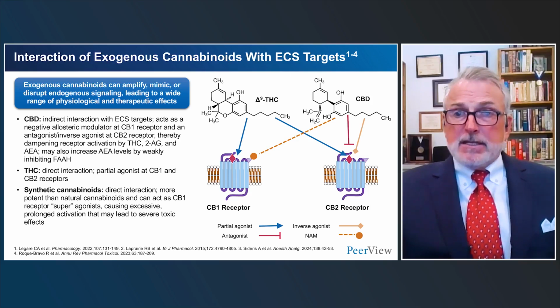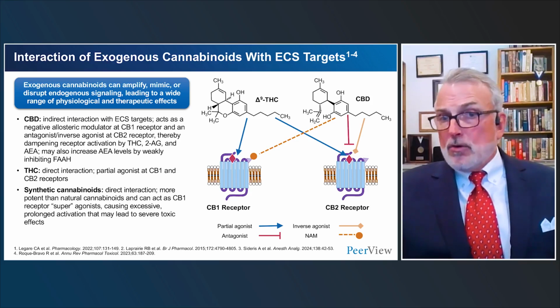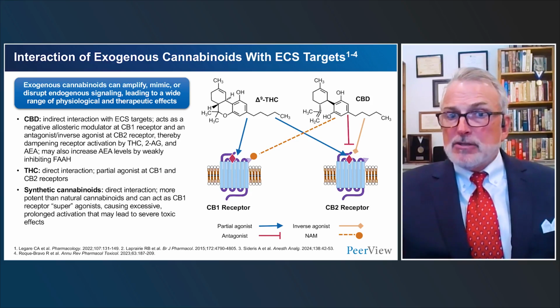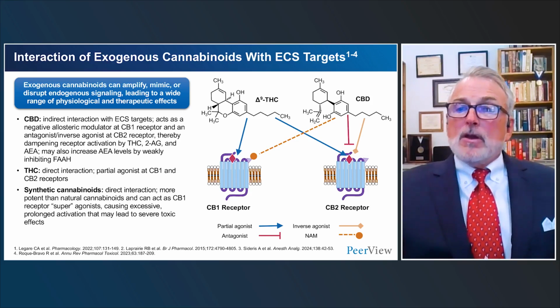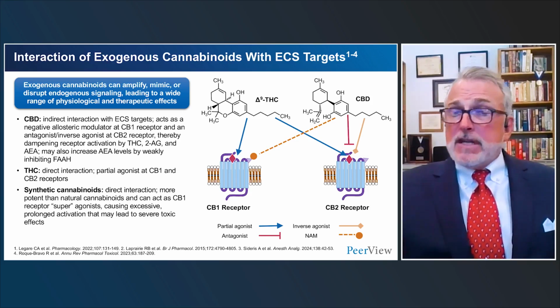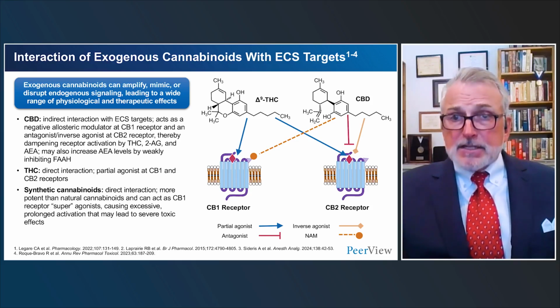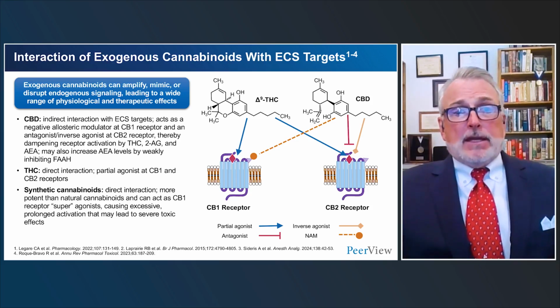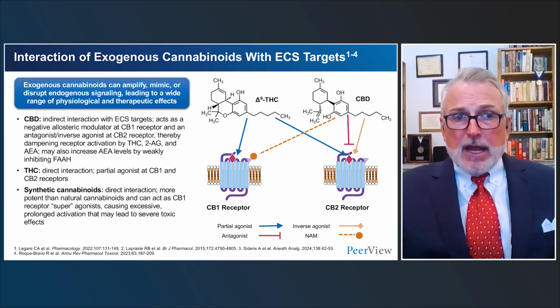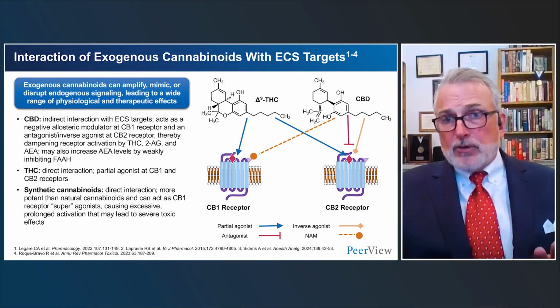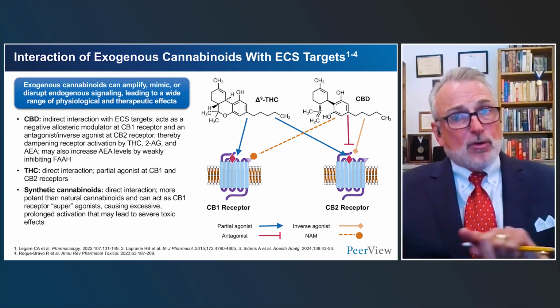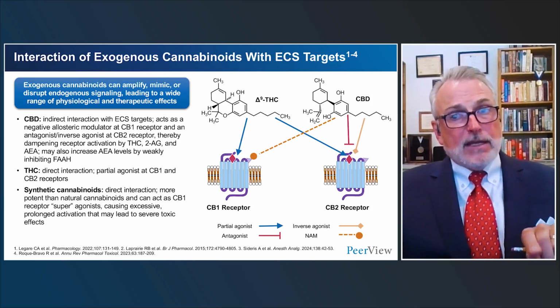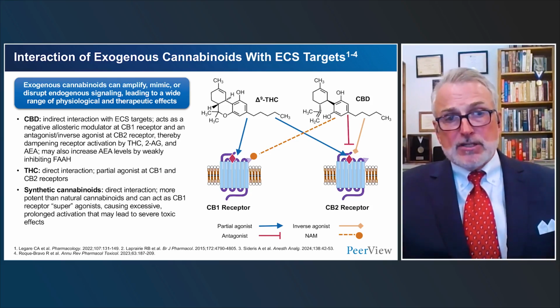Simultaneously, it is a competitive antagonist or an inverse agonist at the CB2 receptor. On the other hand, delta 9 THC is an agonist. It binds to the receptors and activates them, and it does so at the CB1 receptor and the CB2 receptor. And in both cases, remember that those receptors are inhibitory in nature. So when they're activated, they inhibit their target cells.